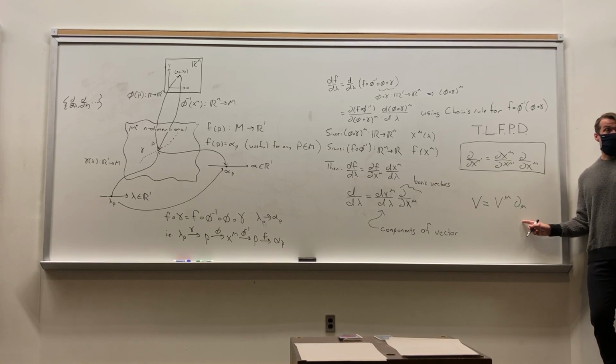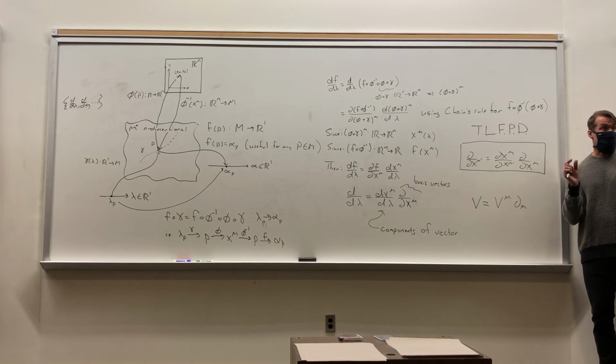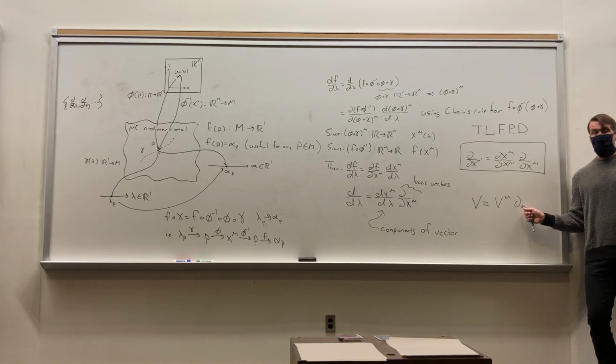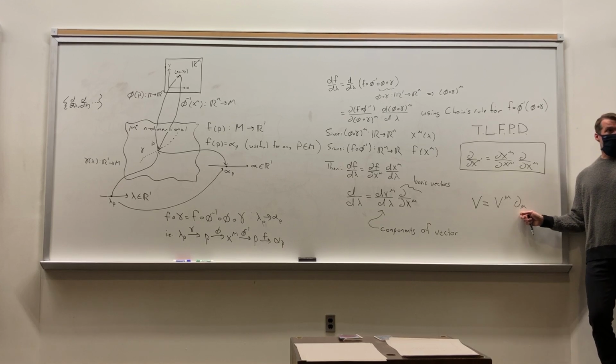This is not like what we did in special relativity, where we said we know how the components of a particular vector transform. Here we actually figured out how the basis vectors transform. But a vector should not transform. So if these transform one way, these should transform in the opposite way.